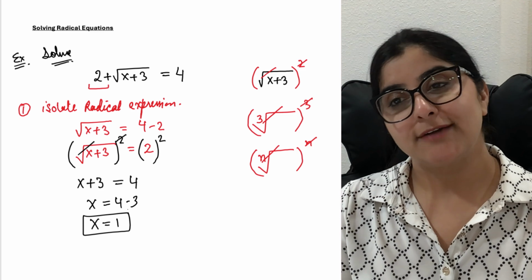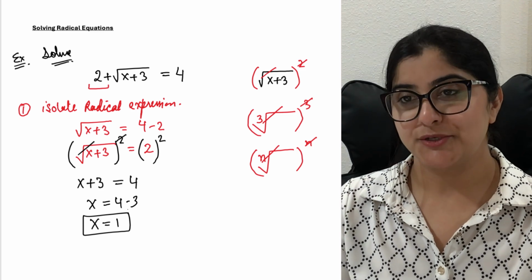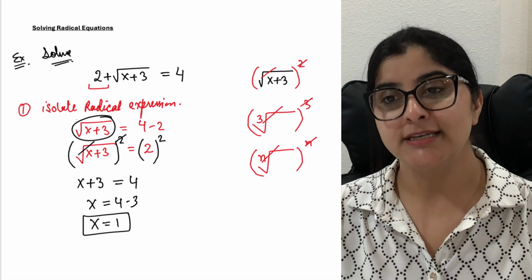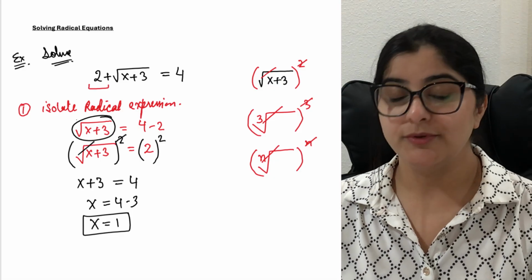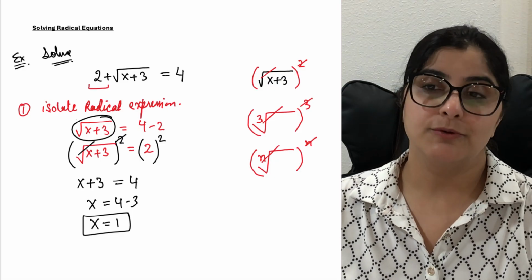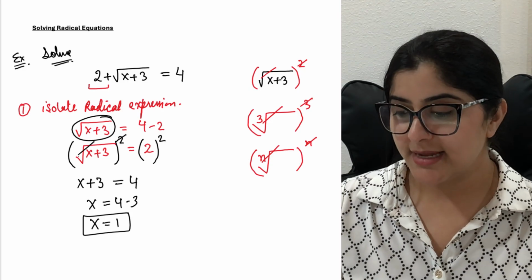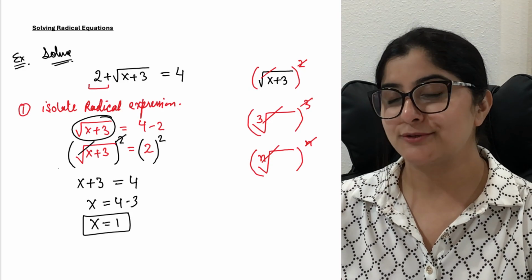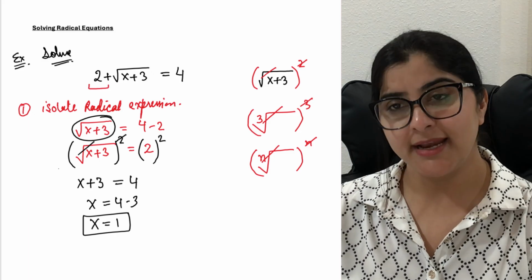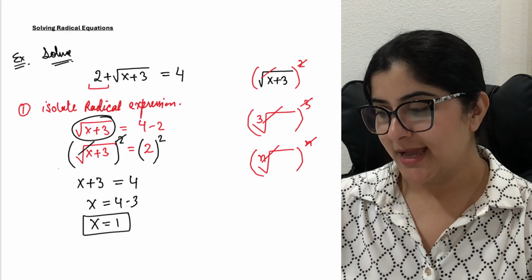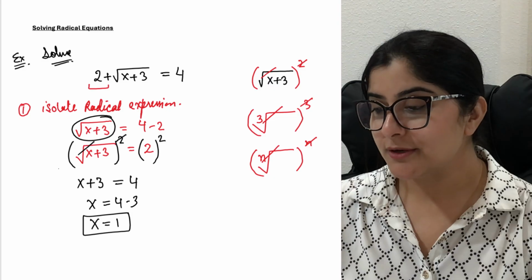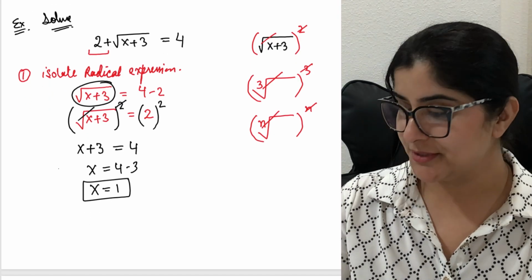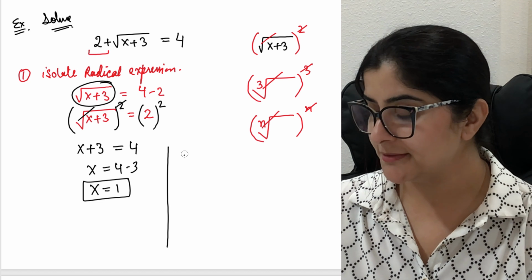But before that, we have to isolate the radical expression, so that it is the only expression on one side, and we are ready to take the square or cube or the nth power that is the same as the root. Our aim is to clear the root and isolate x. Whenever you solve a radical equation, we have to check for extraneous solutions. So always check your solution.